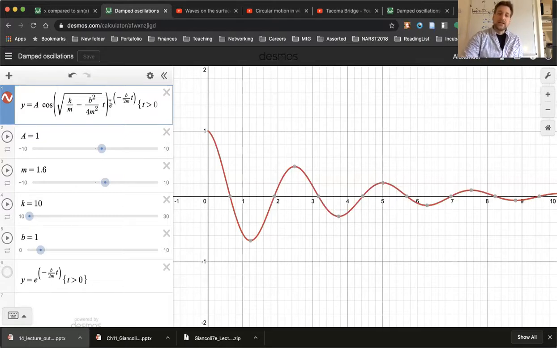The other new bit is this exponential term here, which handles the energy loss due to getting pushed against by air resistance. Again, with a little bit of differential equations, we can prove this result. And if you really like taking derivatives, you could take two derivatives of this expression.